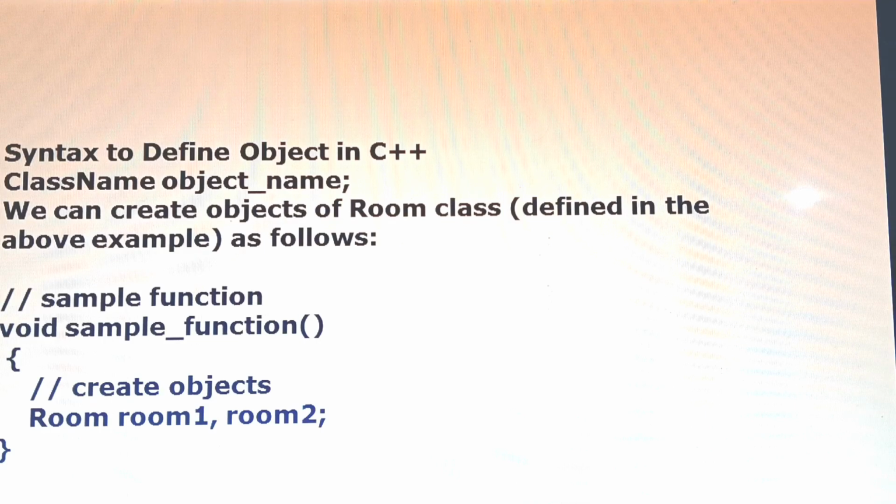The rule: class name, space, then the object name. The class name is room, then give the object name, room1, room2, any names, following the rules for writing an identifier. We can give a number of objects separated by commas, and terminate with a semicolon. In this way we can create objects of the class room: room1, room2. Is it clear now how to create the class and how to create the objects?